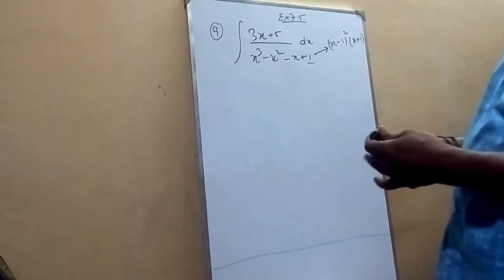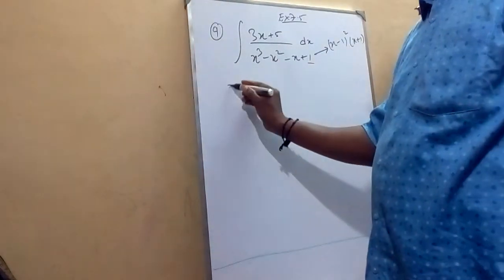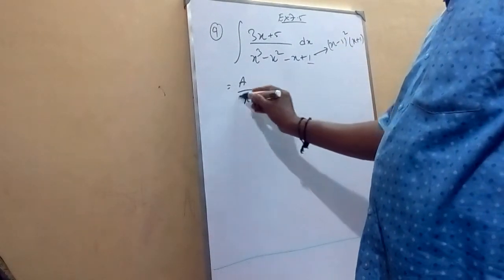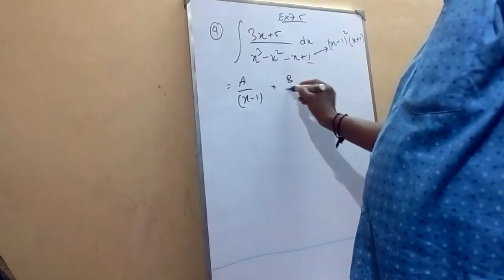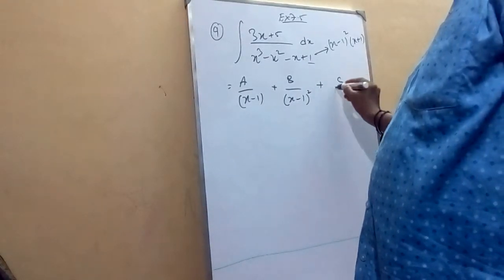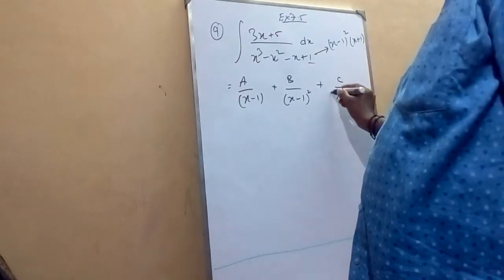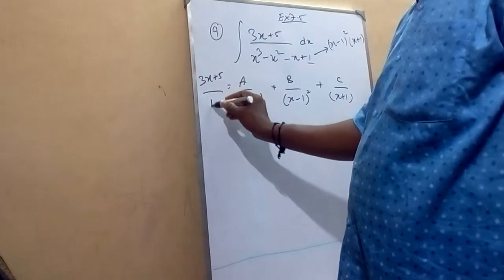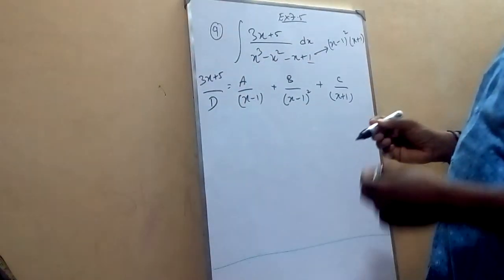Next, so you got like this. Now I have to write A by x minus 1, plus B by x minus 1 the whole square, plus C by x plus 1, as usual. It is equal to 3x plus 5 by the denominator.